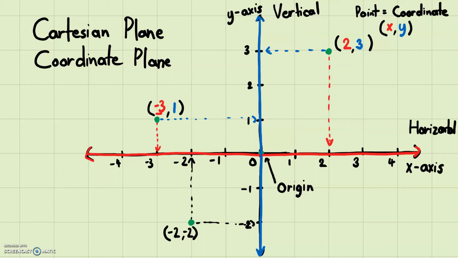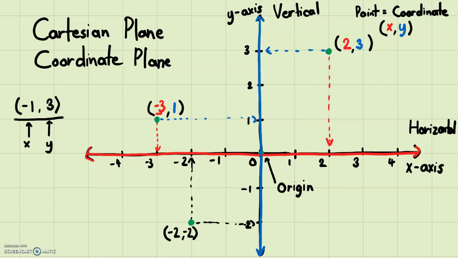Now, let's take this in the reverse order. Let's say we are given the coordinate -1, 3. Can we put this coordinate on the Cartesian plane? That is our x-coordinate, and that is our y-coordinate.